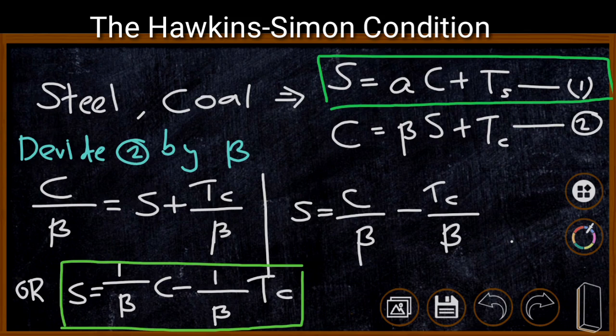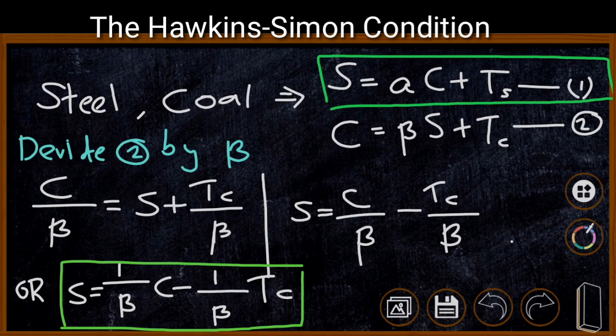That means these two equations show us the demand equations for steel, and it is clear that these two are linear equations of first degree, and therefore demand for steel should be indicated by a straight line.